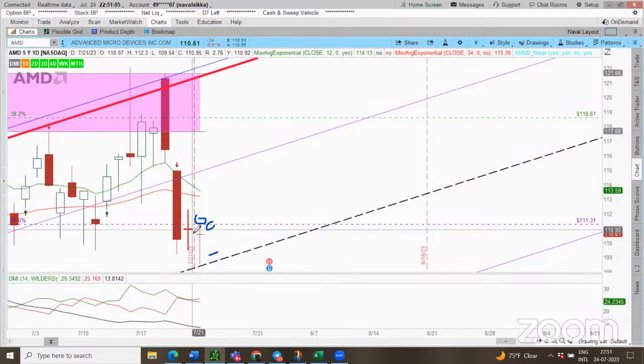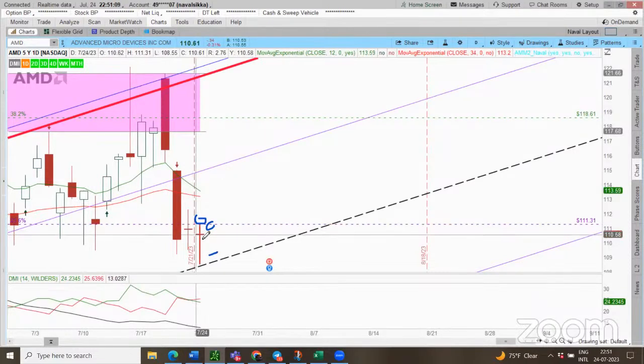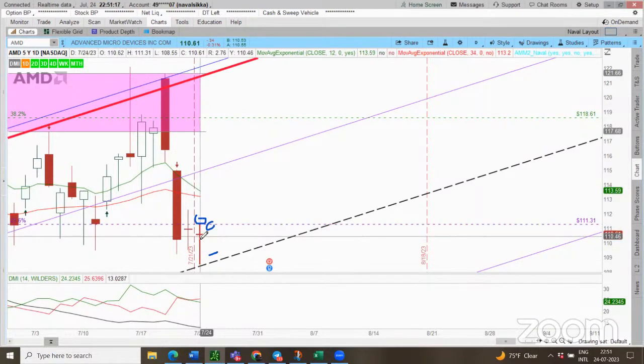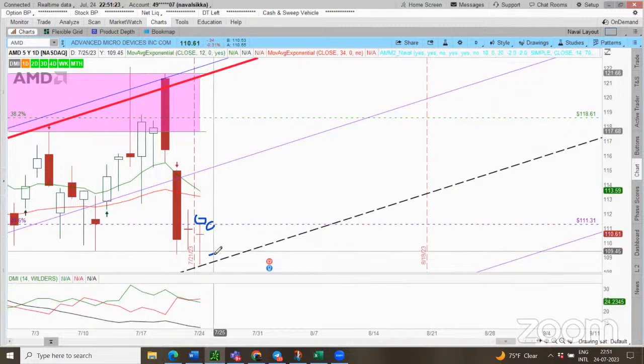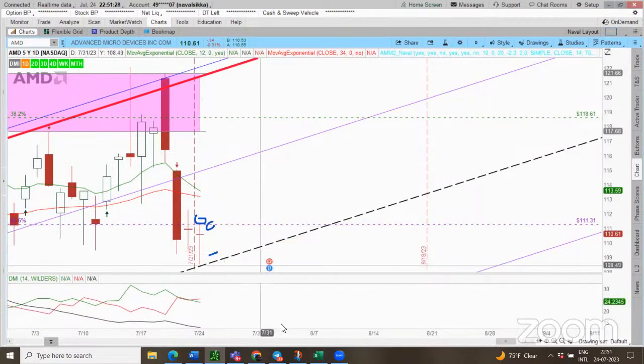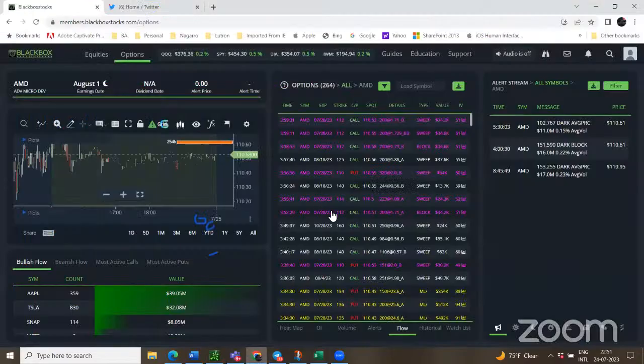It opened right here at 110.97, closed 110.95, opened here at 161, closed at 162. So tomorrow, let's take a call on the positive side for AMD. If it holds and breaks above 113, I think it will have some serious momentum. And let me just check on the calls here.